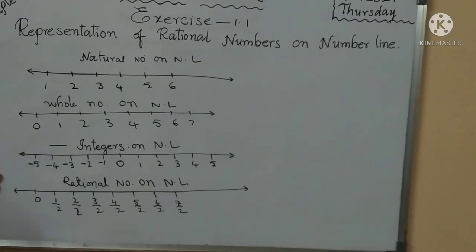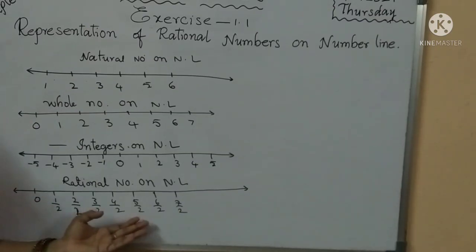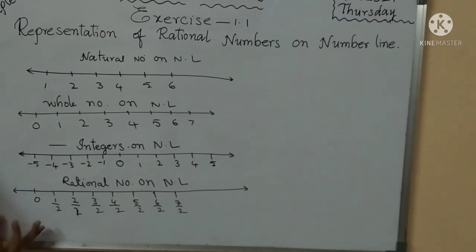In this 8th class, rational numbers on the number line. Observe that after and before 0 the rational numbers 1/2 and so on all have denominator 2. Why do we have to take that 2?